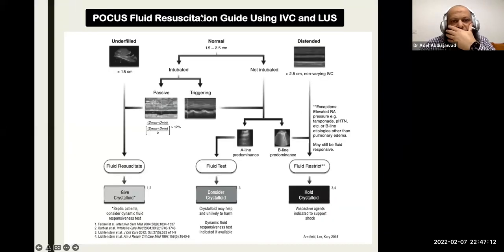Here from this slide, you can get the answer. By using the IVC, the solid parameter of the measurement is sometimes not very useful. For example, in patients who are intubated, you have to paralyze the patient, or the patient should be deeply sedated, so you can assess the distensibility index, not the collapsibility index.